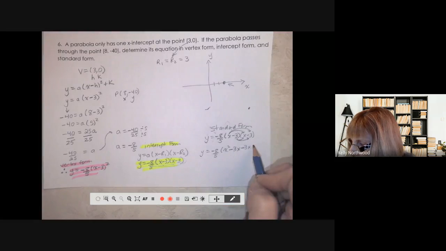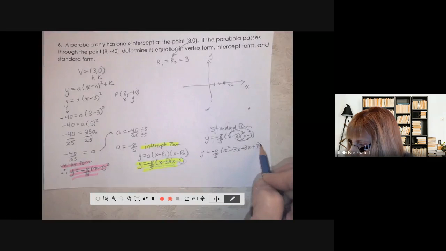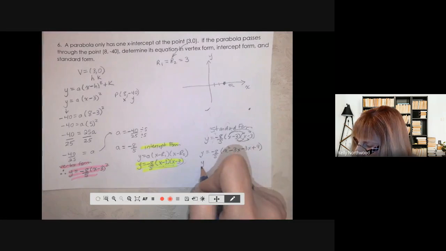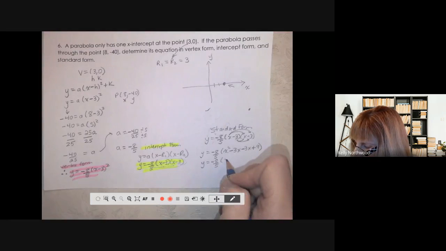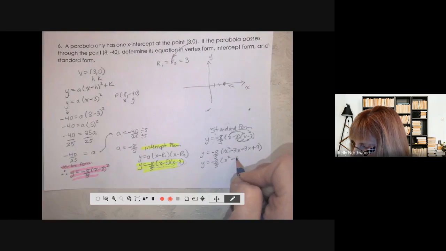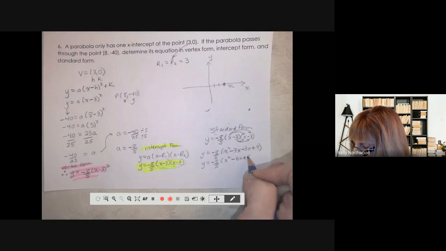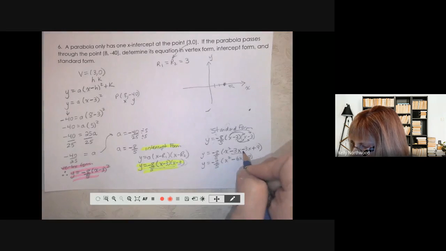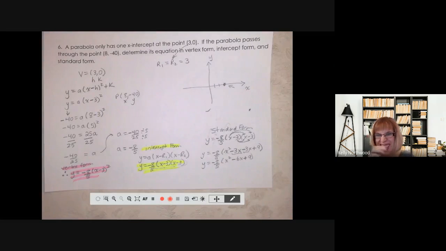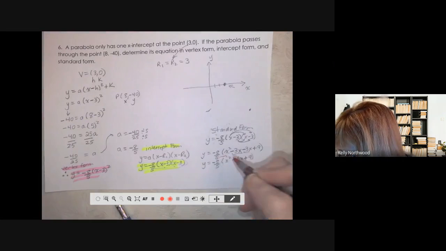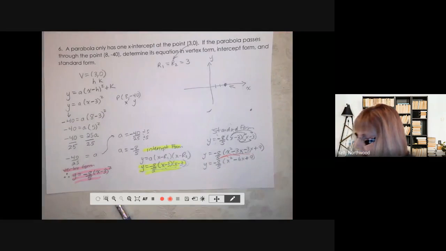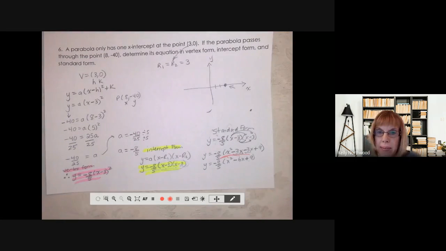And -3 times -3 is +9. These combine to give you the -6x. And then here's where you've got to multiply through using the distributive property. And you have to remember each of these things has to get multiplied by -8/5.